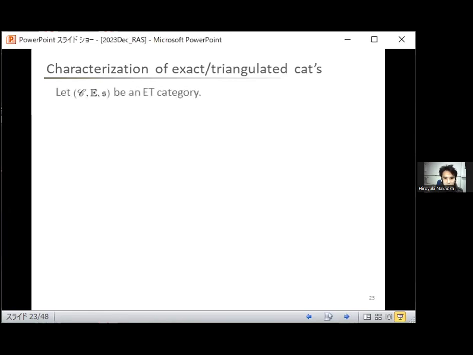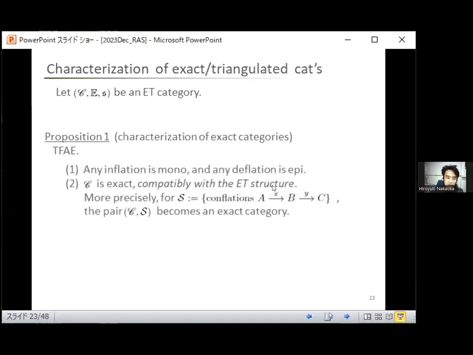So let C be an ET category. Well, this Proposition 1 says that this ET category becomes an exact category if and only if any inflation is monomorphic and any deflation is epimorphic.